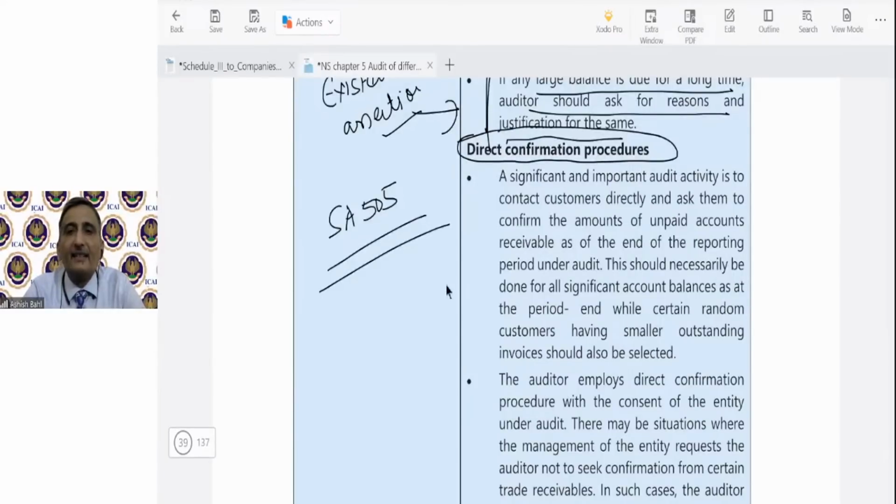Yes, clear guys? So direct confirmation procedures are very important in context of trade receivables. So these have to be performed in accordance with the requirements of SA 505.